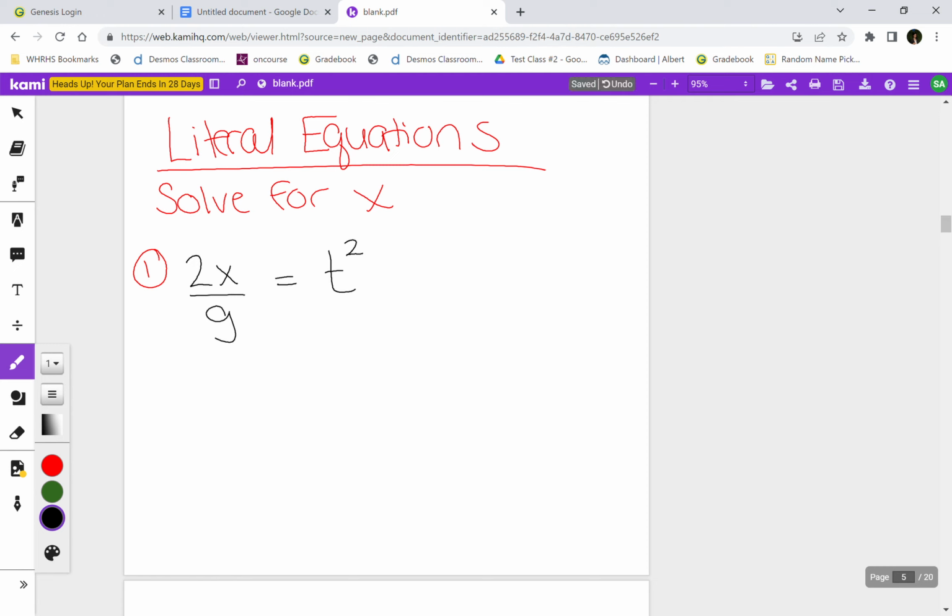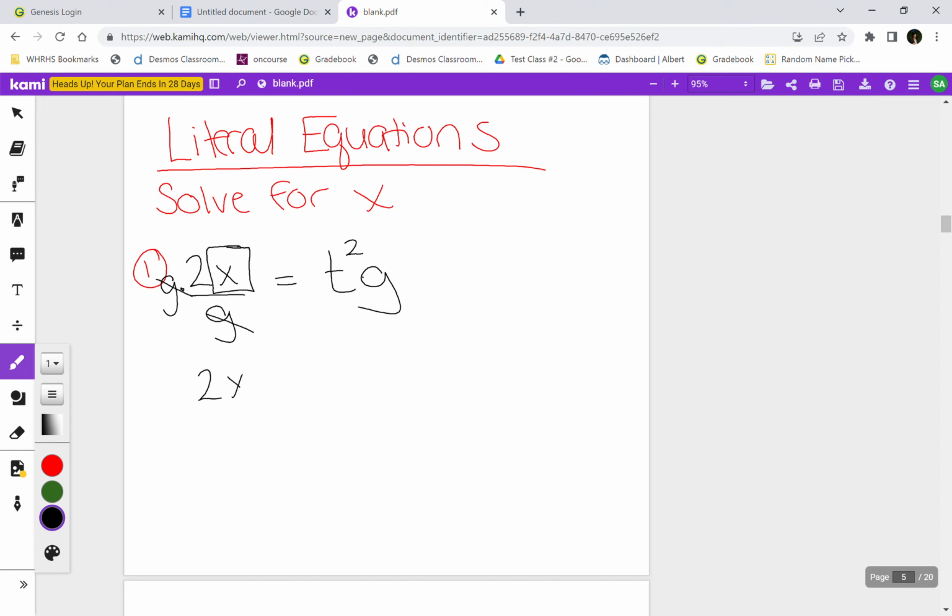If I want to solve for x, that means I need to get x by itself and everything else on the other side. You're not done until whatever variable you're solving for is completely isolated. So I'm going to get rid of that g first. How do I get rid of that g? By multiplying both sides by g.